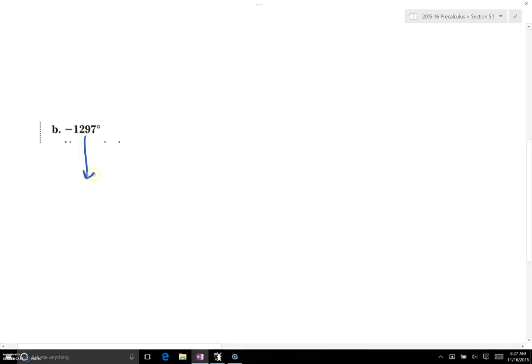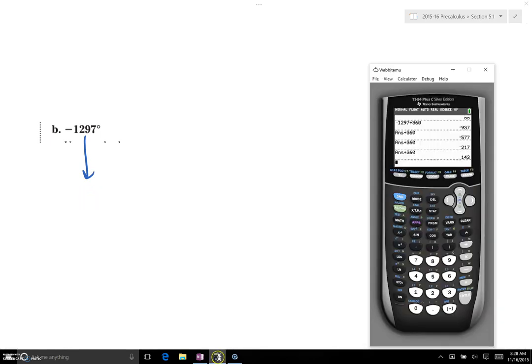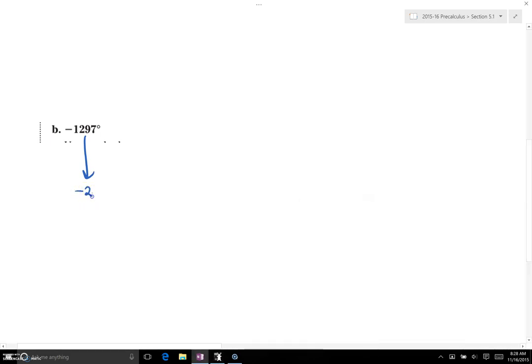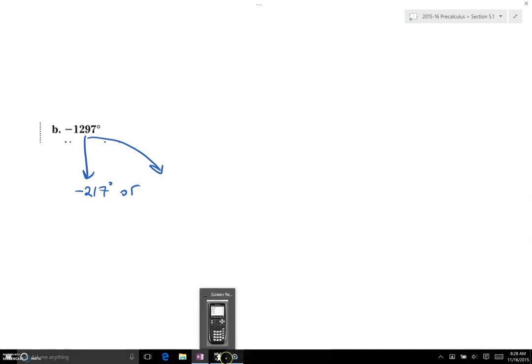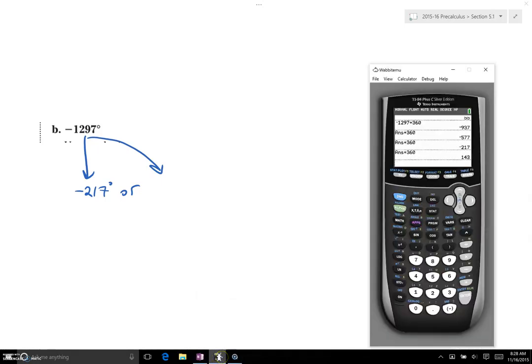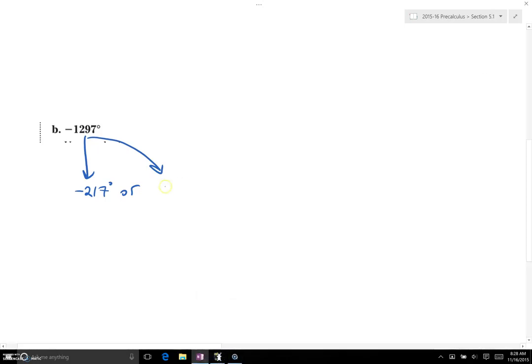So we could express this as, we found negative 217, or we could express it measured counterclockwise as a positive angle and gotten 143 degrees. So these two are actually also coterminal. And it depends on what you're doing whether or not you would want to express it with the positive or the negative.